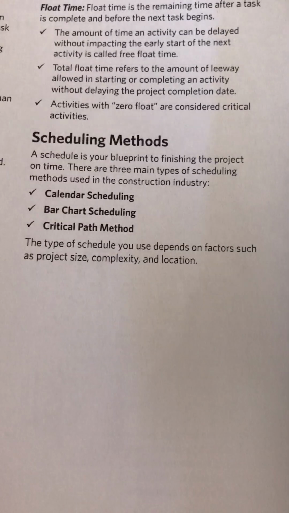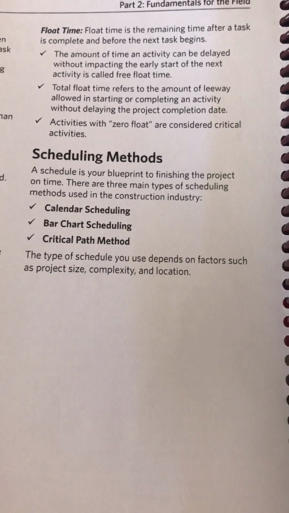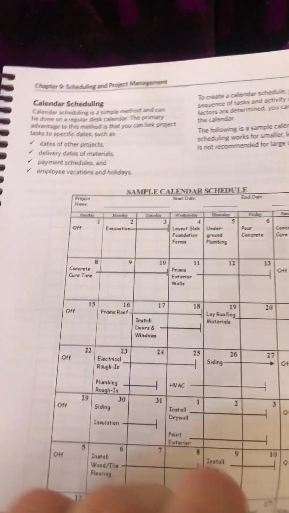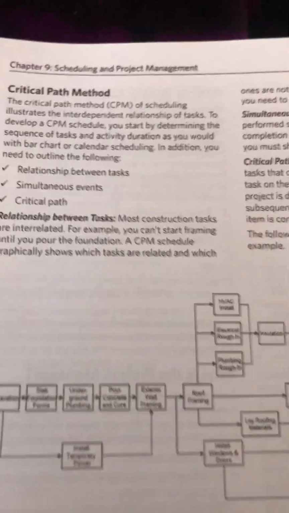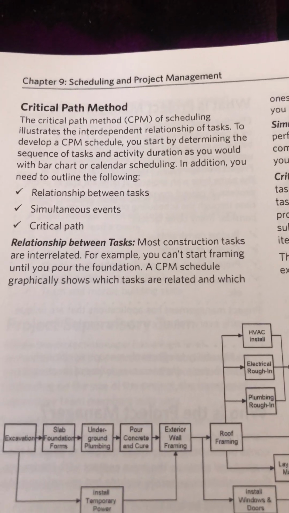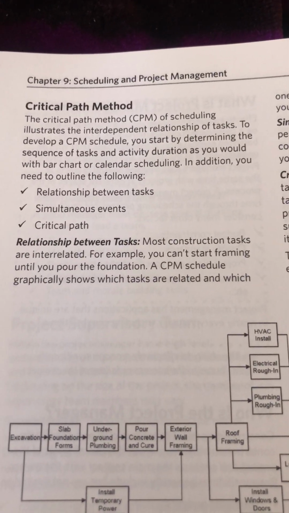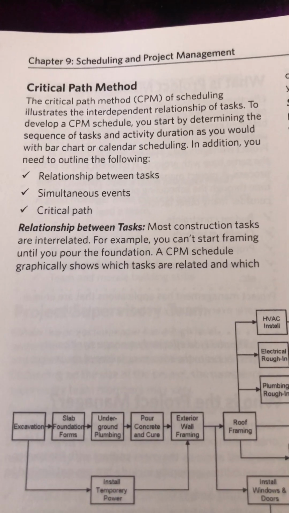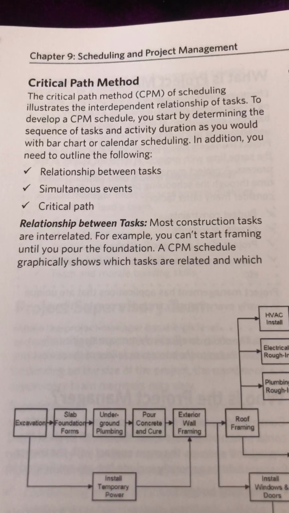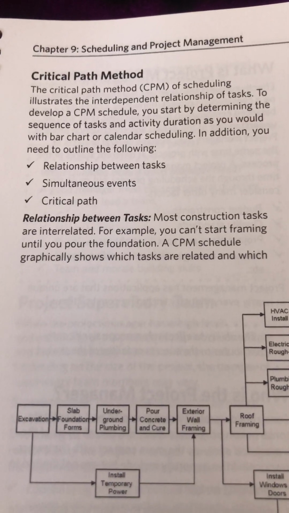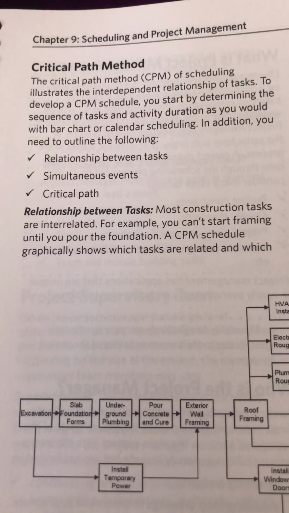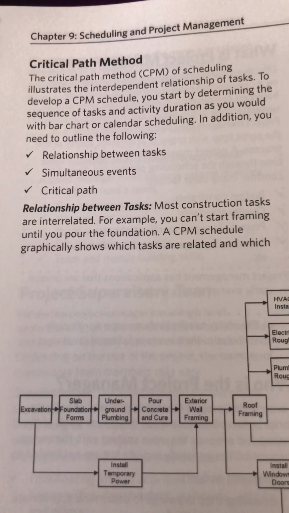And the question was something like, what kind of schedule would you use that determines the sequence of tasks and activity duration as you would with a bar chart or calendar scheduling, in addition to the outline of the following relationship between tasks?